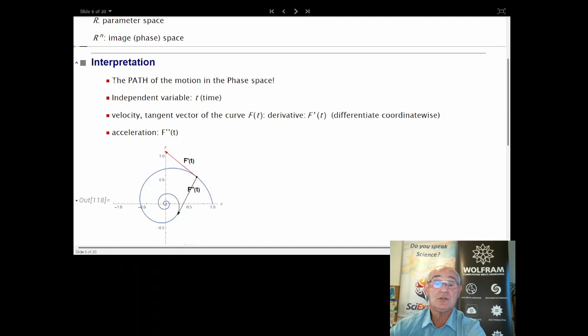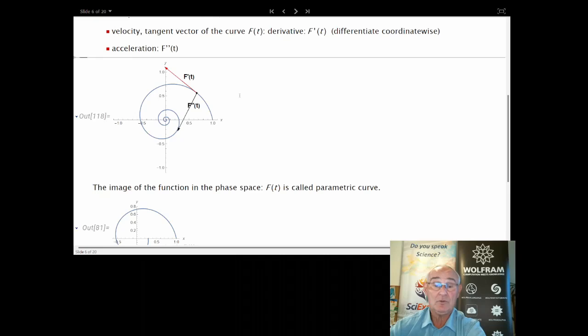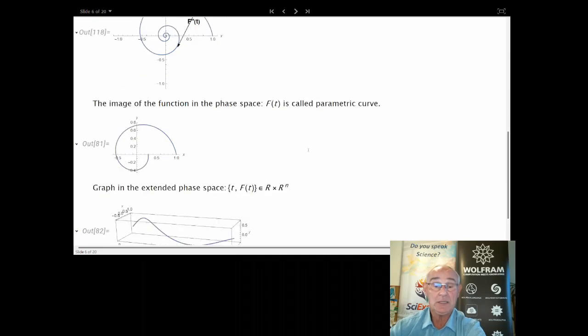Now such a function can be the path of the motion in the phase space, and the time in that case in the motions is denoted by t. Also the velocity, the tangent vector of the curve, that's the derivative, and the acceleration vector can also be plotted there. We will consider how to do that.